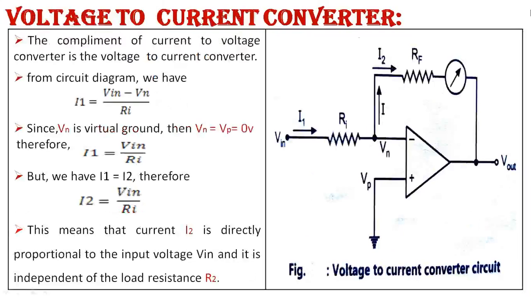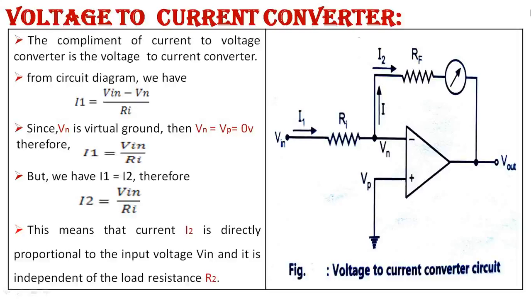The second application is the voltage to current converter. See the diagram: given the input voltage across the RF feedback resistance, we get the current. So it is the complement of the current to voltage converter, that is the voltage to current converter. In the circuit diagram, I1 is equal to Vin minus Vn upon Rin, that is the input resistance. Since Vn is virtual ground, Vp and Vn are equal to 0, then I1 is equal to Vin upon Rin.